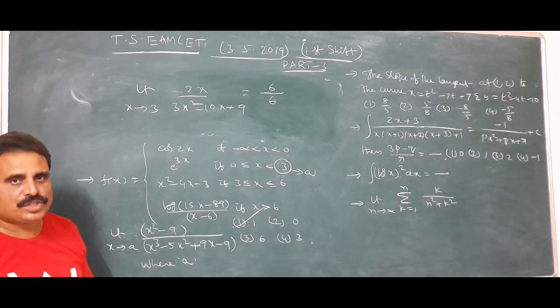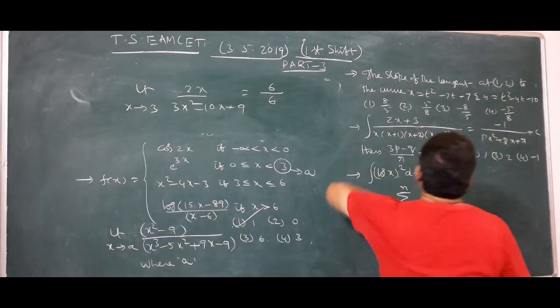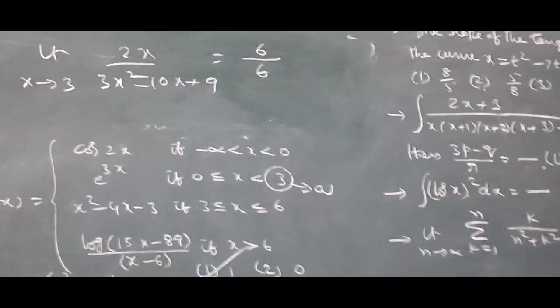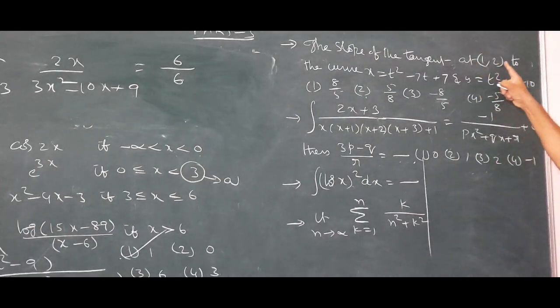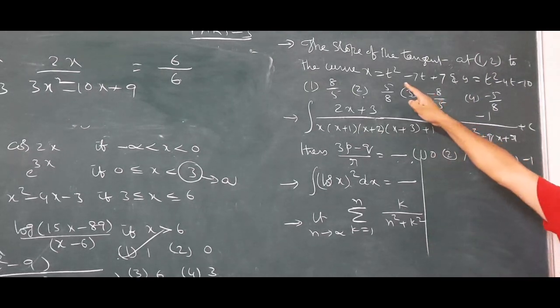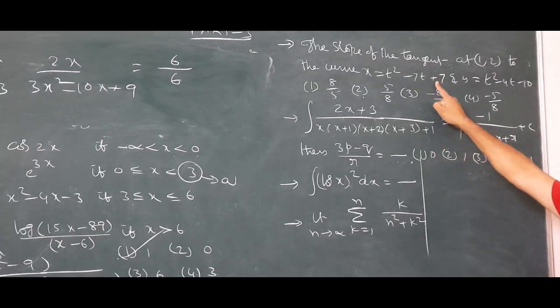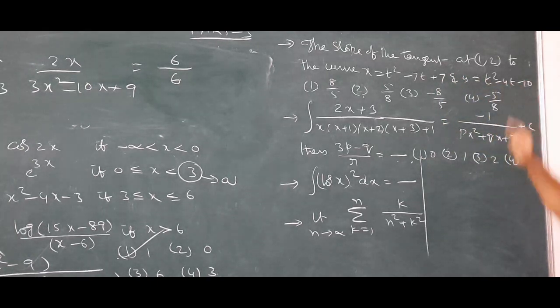Now we are going to the next question. The slope of the tangent at (1, 2) to the curve x equal to t² minus 7t plus 7 and y equal to t² minus 4t minus 10.